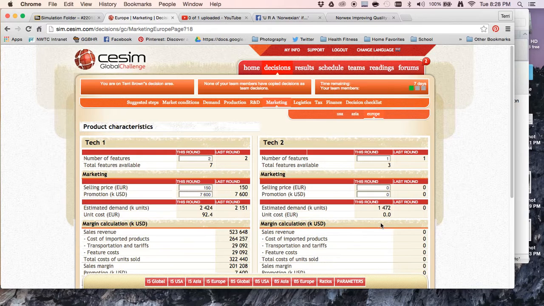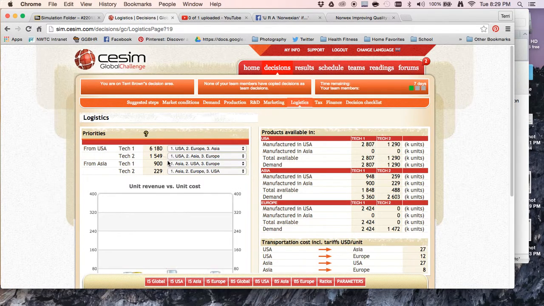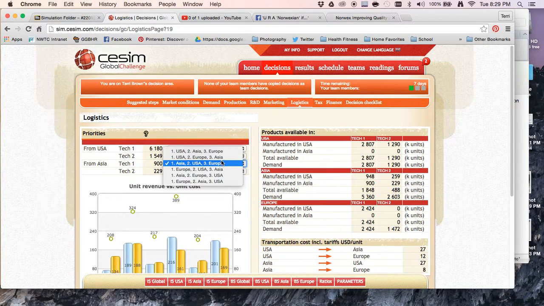So you can make changes to that in a different screen, and the first thing I always do is I just check my logistics, and if I'm shipping from Asia, I generally ship Asia, Europe, US, and for both of my technologies I'll make sure I do that. And then here in the US I would ship US, Europe, Asia.